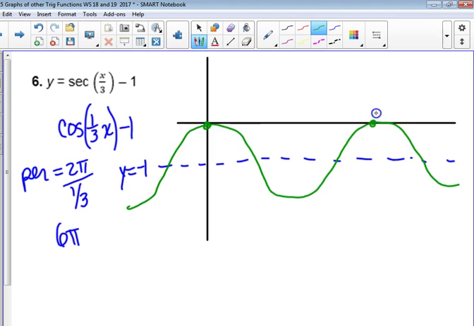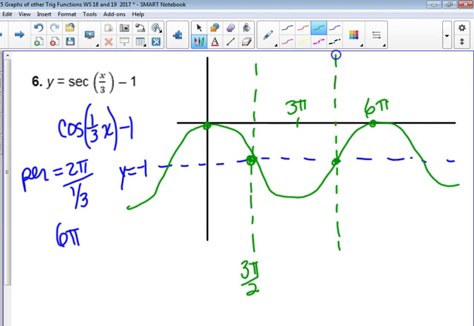Okay, and the period is 6 pi, so halfway there would be 3 pi, and the asymptotes I'm thinking then are halfway to that, which would be 3 pi over 2, yes? Halfway to 3 pi is where it's crossing this midline, right? And that's where the asymptotes go.